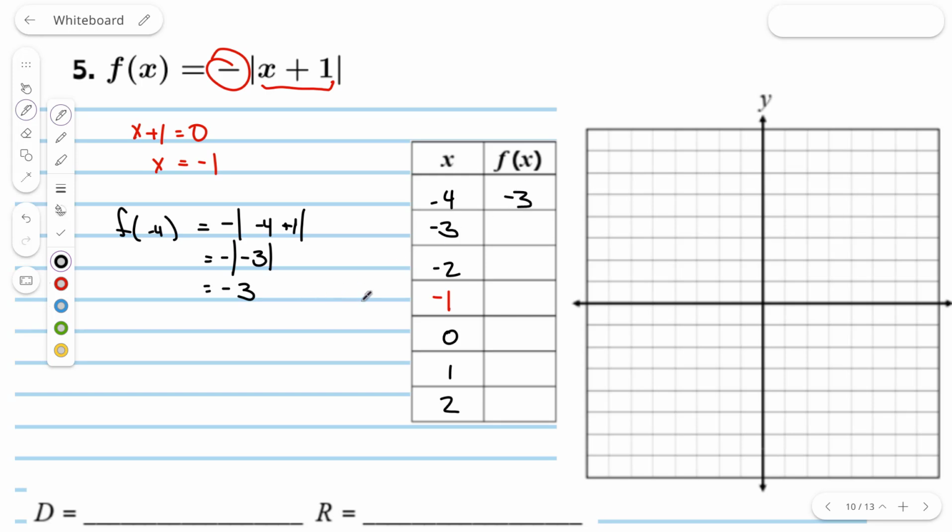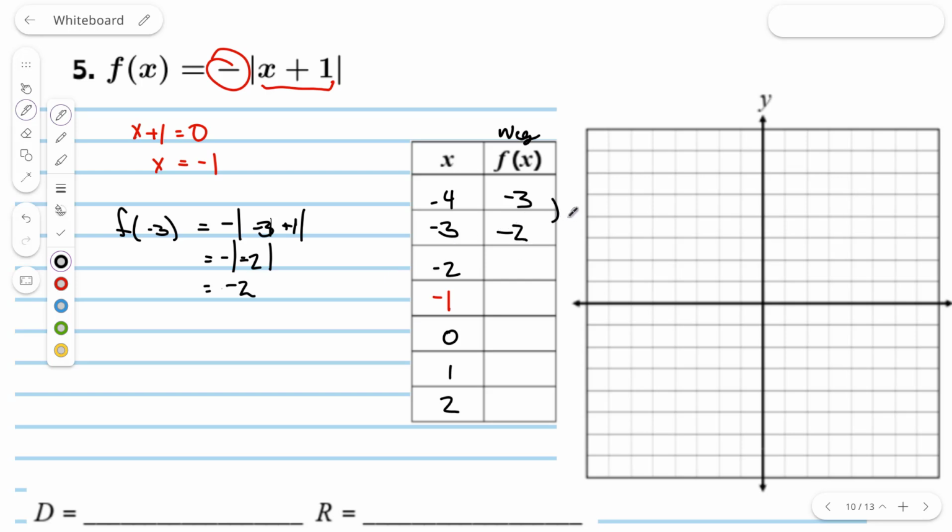So -3. So that means everything over here is going to end up being negative because there's nothing added or subtracted at the end. So if I was to do this again, -3 plus 1 is -2. Absolute value of that is 2, and then make it negative.